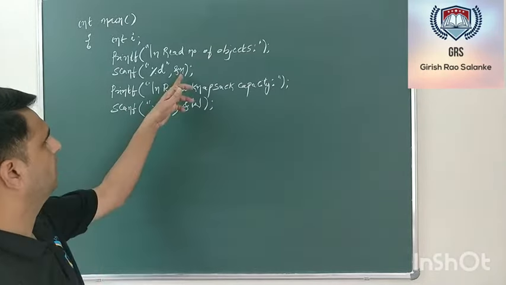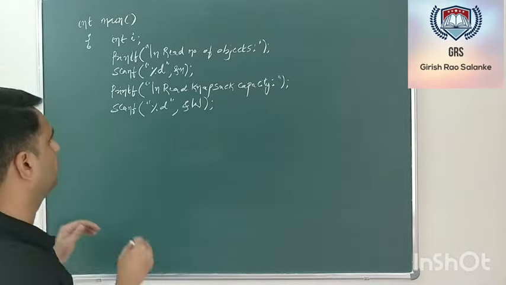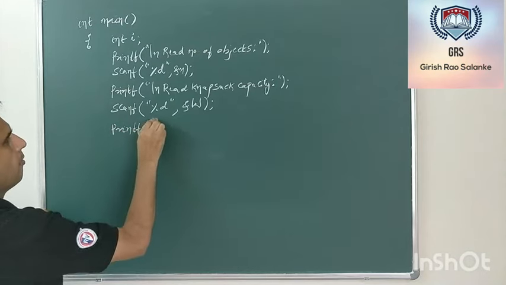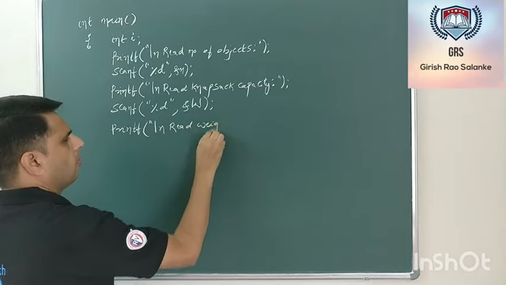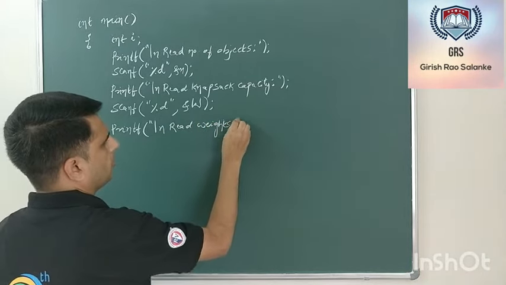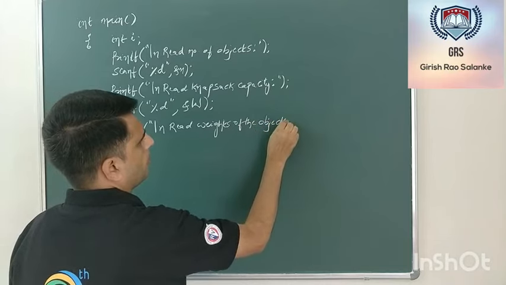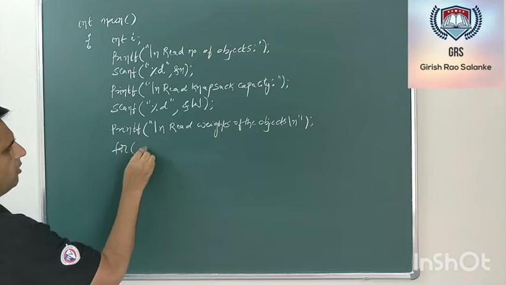Now, depending upon the number of objects, read the weights of each of those objects. Take a for loop for i equal to 1.